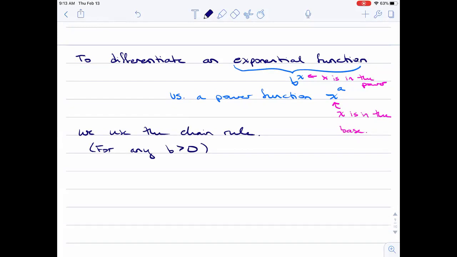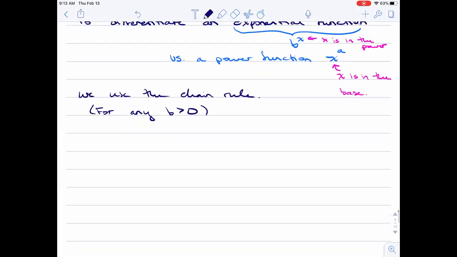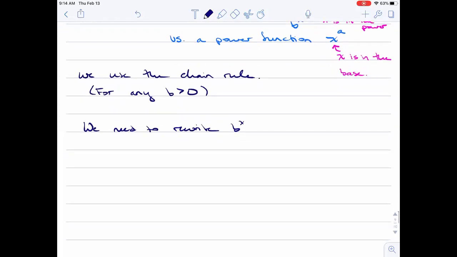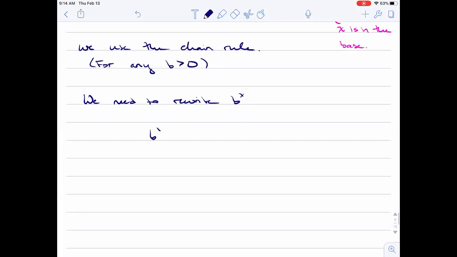And so what we need to do is rewrite b to the power of x. Usually if you've got x in the power, the solution is going to involve a log of some sort. Natural log is kind of our go-to.